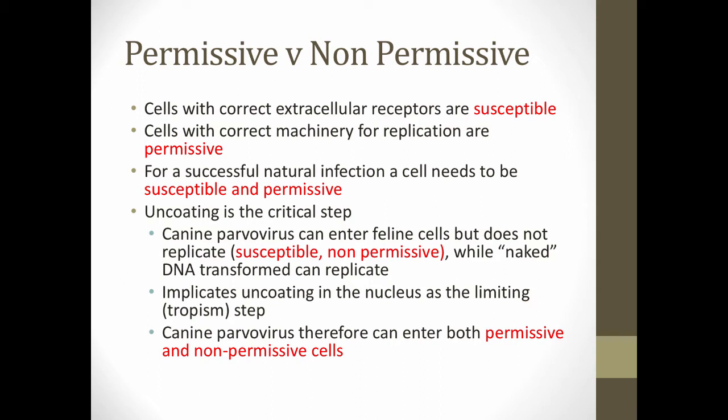Canine parvovirus can get into cat cells, but once inside, it won't replicate. So feline cells are susceptible to canine parvovirus, but non-permissive because they don't allow replication.